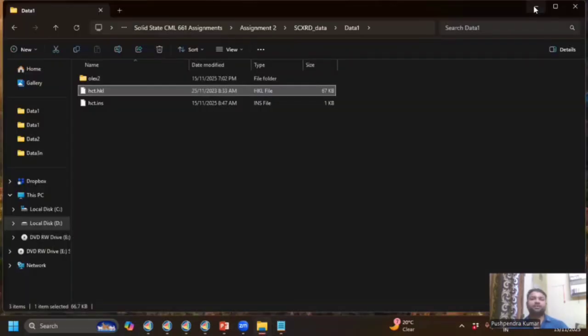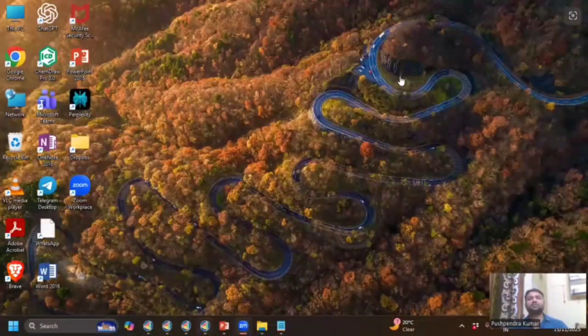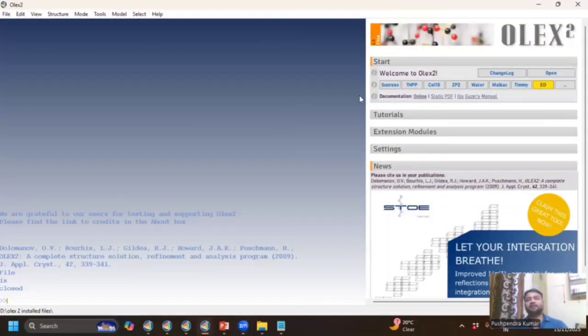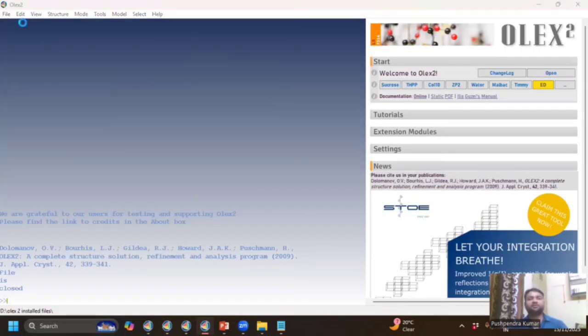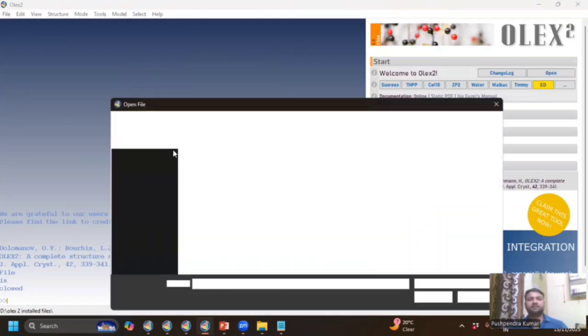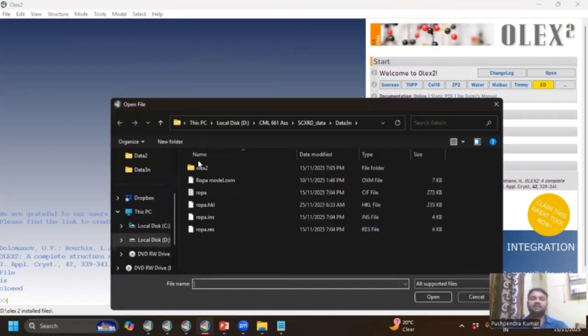Let's move on to how we create the structure. This is the Olex software interface when we open the Olex software. To load the data, we have to click File and Open, and then select the data where we have saved it. If the HKL file and ins file are in the same folder, we open only the ins file in the Olex software, because Olex also reads the HKL file by itself.